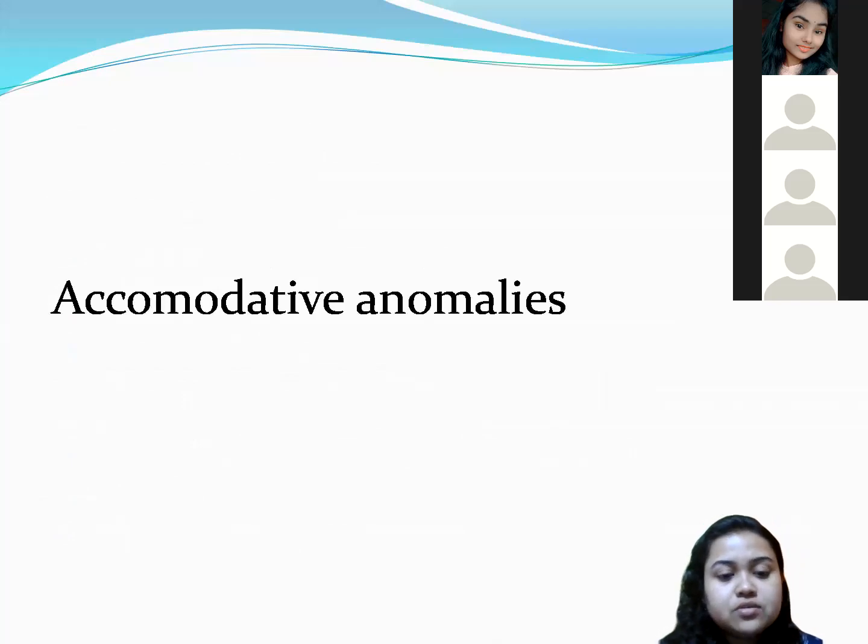So today we are going to start with the accommodative anomalies. What parameters do we measure in the orthoptic evaluation for determining accommodative anomalies? Yes, anyone would like to share?